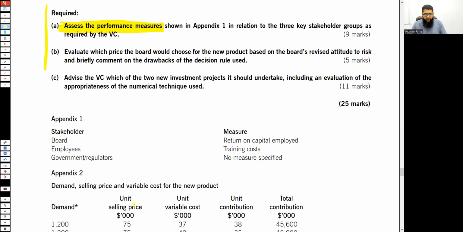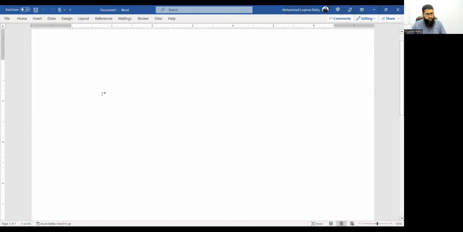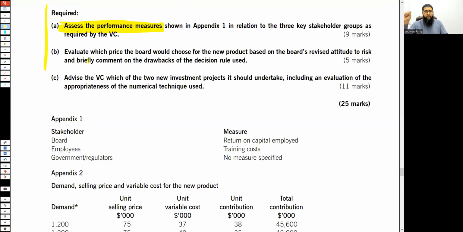Look, Deldon company. Now the question is, assess the performance measures shown in Appendix number 1.